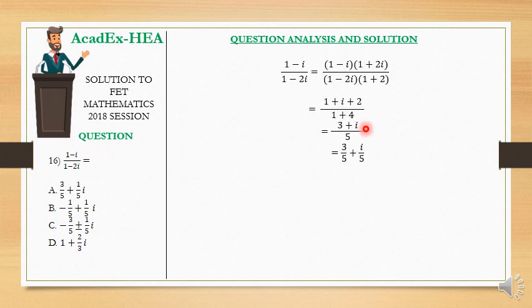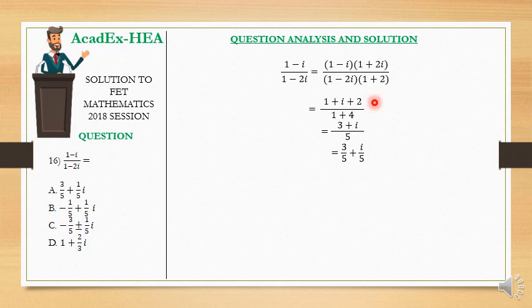When we do that, we are going to have 1 times 1, 1, plus 2I minus I, which is plus I. Then 1 times 2I. Negative I times 2I, we are going to have negative 2I squared. And I squared is negative 1.